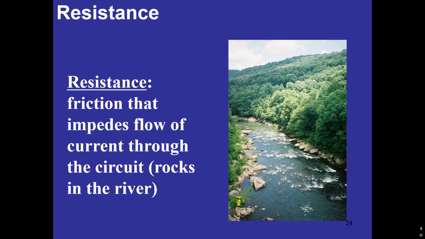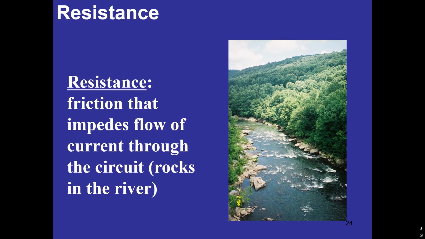But if the river is full of rocks, there will be friction to the flow of water, and the flow gets impeded. Similarly, in the various parts of the electric circuit, there is a friction that slows down the flow of current through the circuit. This quantity is called resistance.